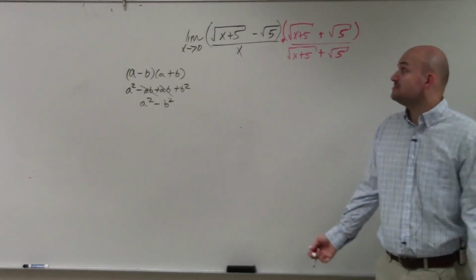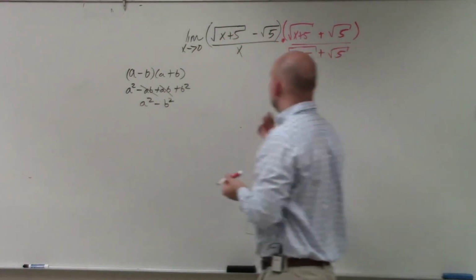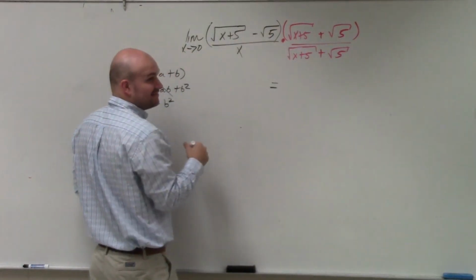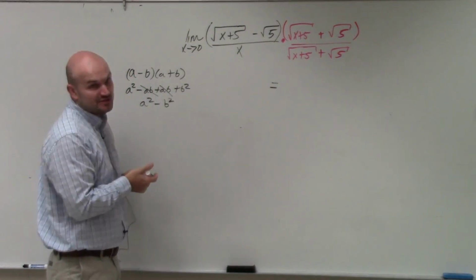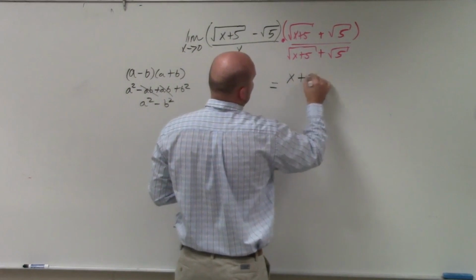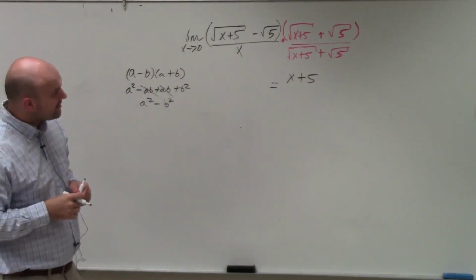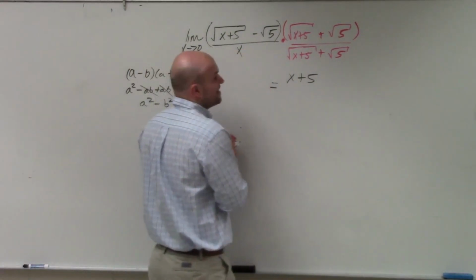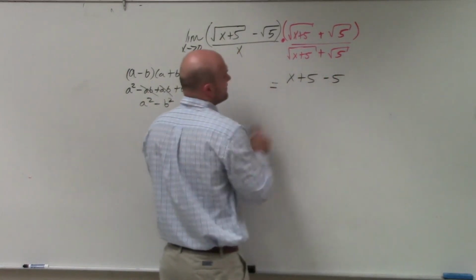In reality, our middle terms are going to cancel out. So we have this term squared and this term squared. When I set this equal, the square root of x plus 5 times the square root of x plus 5 is going to be the square root of x plus 5 squared, which is just going to leave me with x plus 5. Negative square root of 5 times positive square root of 5 is going to give us negative square root of 5 squared, which is just going to leave me with negative 5.